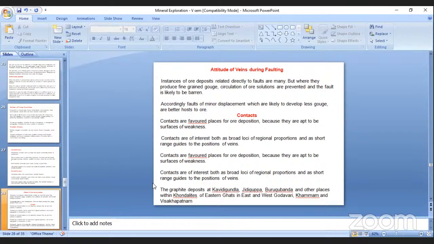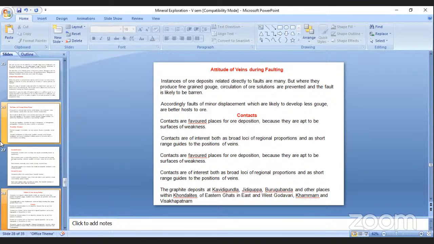Some ore bodies are related directly to the faults in many cases, and faults produce fine-grained gouge, and the circulation of an ore solution is prevented by such fault formations, which are likely to be barren.